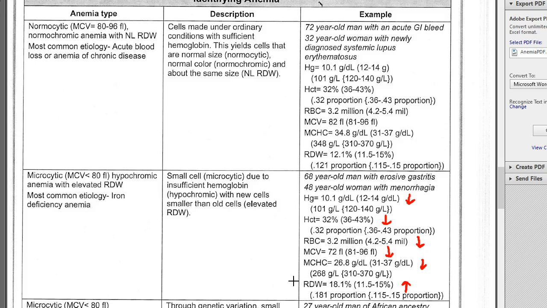So that helps tremendously. A lot of times people will ask, okay, what about IV iron? How do we know that this patient's going to need IV iron versus oral iron? It's not dependent on these levels here. It's really saved for patients that just can't tolerate oral iron.